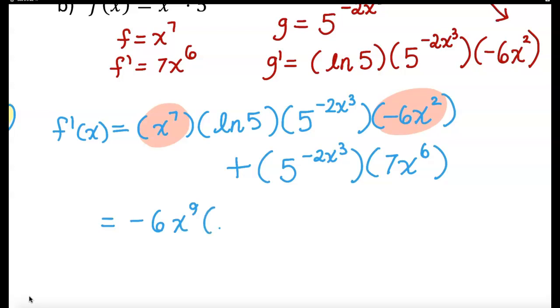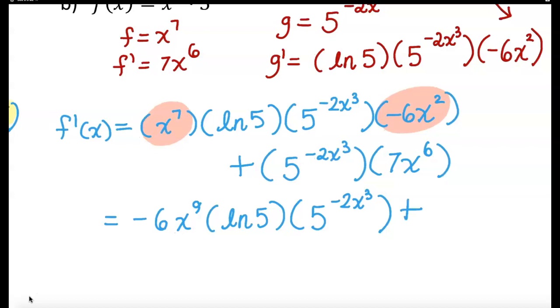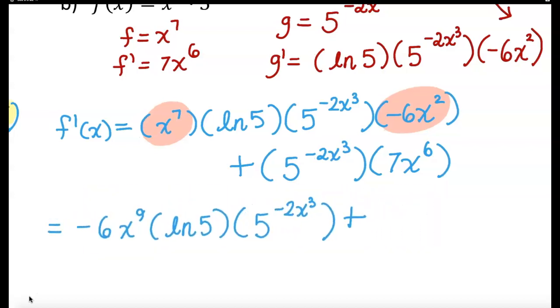And I can write down natural log of 5, just copying down the rest of it, really, 5 to the negative 2x to the third power. Close parenthesis. And then the second term from the second line, which is 5 to the negative 2x to the third power times 7x to the 6th power.